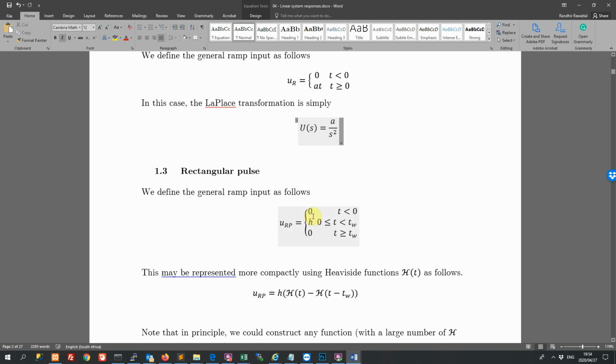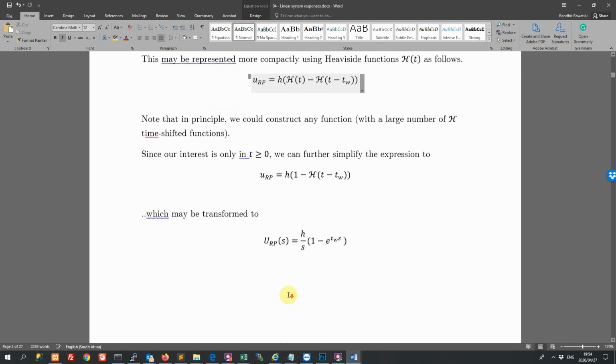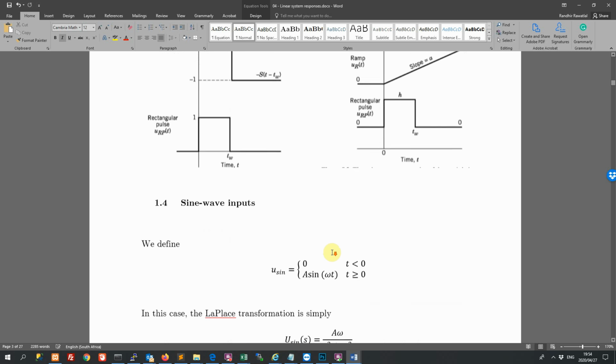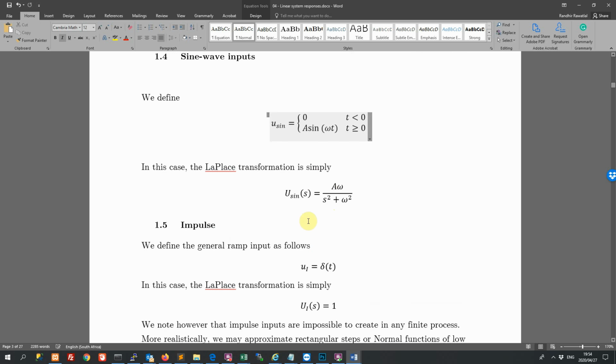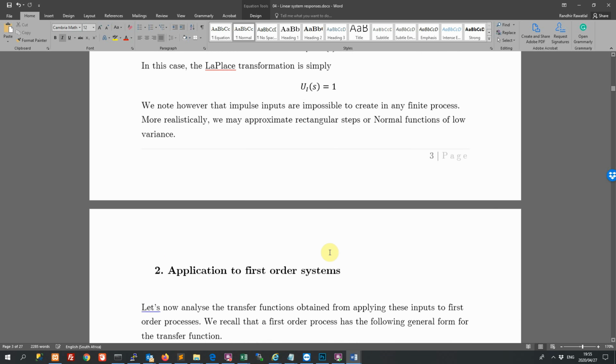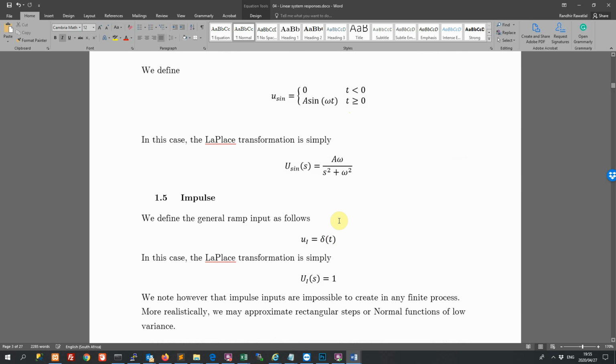The rectangular pulse we had also looked at, and we had shown that the Laplace transformation of that looks like this. And the sine wave input, we had also shown that was the Laplace transform. We had said the Laplace transform for the Dirac delta function is given by this. It's a 1, and so on. So you can go back and revise these things.